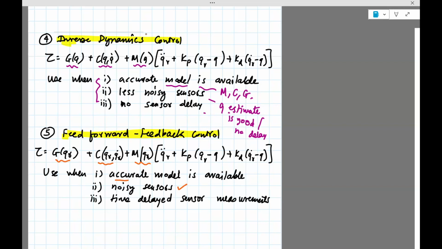Remember, you're still feeding back q. You still need sensors. You can't escape them. But because you're not using the actual C and M, and C actually contains q dot squared, not q squared, but q dot squared, if velocity is noisy and you're squaring noise, it's going to give you a really jittery control. That's why you really don't want to use noisy sensors when you have C.